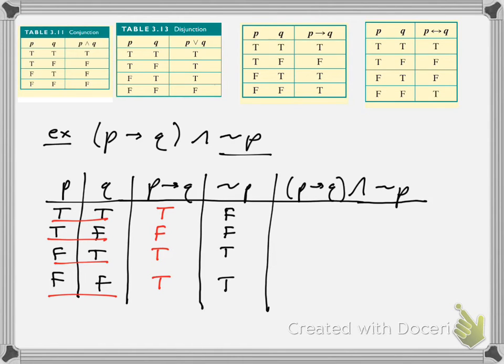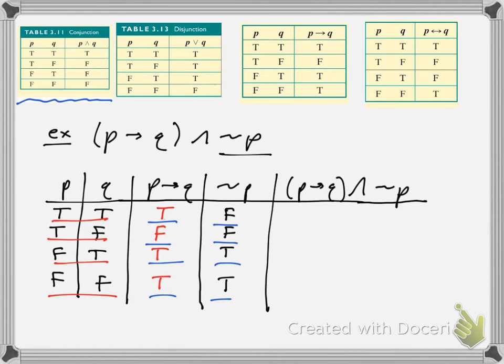Now I'm going to be comparing this and this with an and between them. So I am using which truth table? I'm using this one right here. Remember with and, both statements would have to be true.